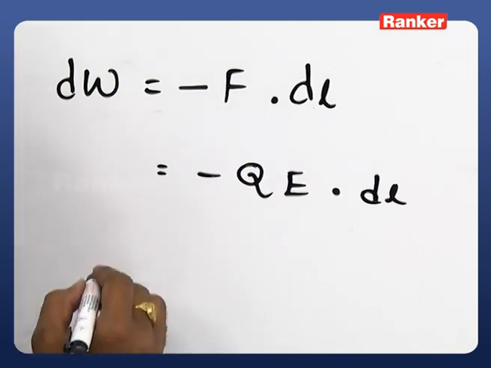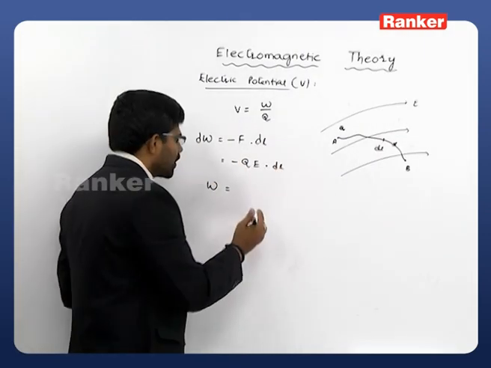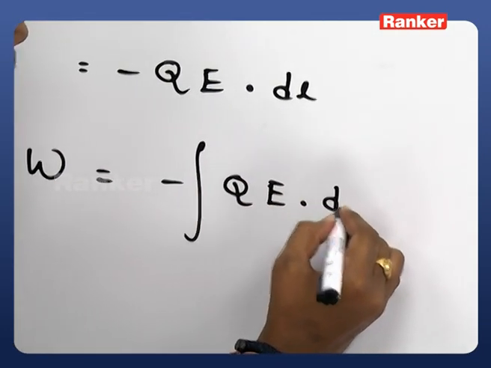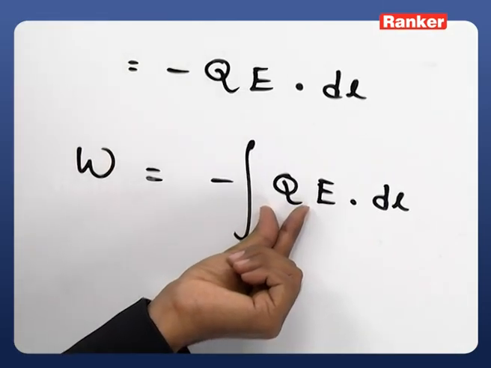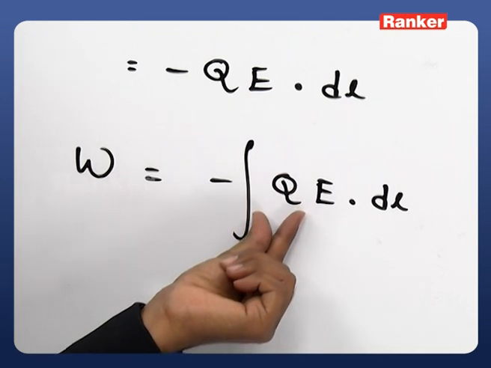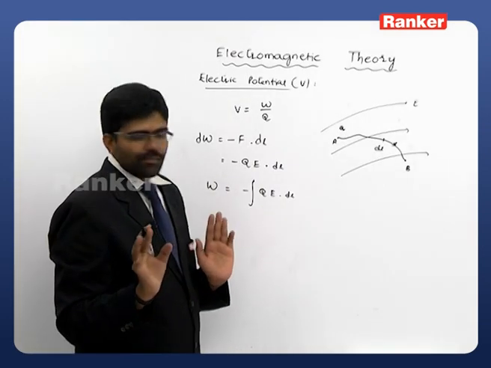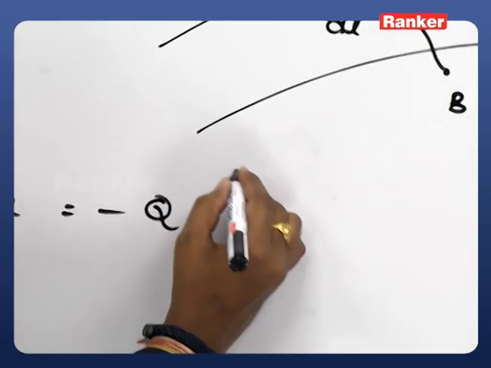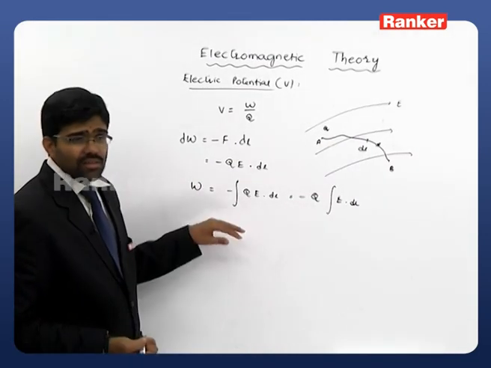Now what we want is the total work done. The total work done is nothing but the integration of this particular quantity, so integral of minus qE dot dl. Q is a charge, a scalar quantity, uniformly distributed and independent of space, so clearly bring it out. Then this can be written as minus q times integral E dot dl. Now what is this integral?